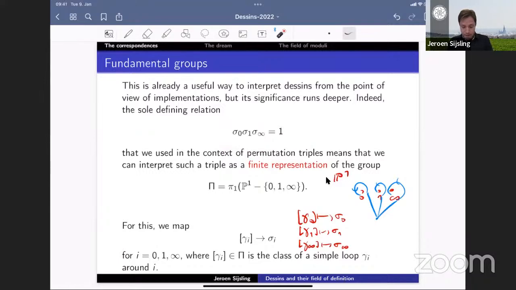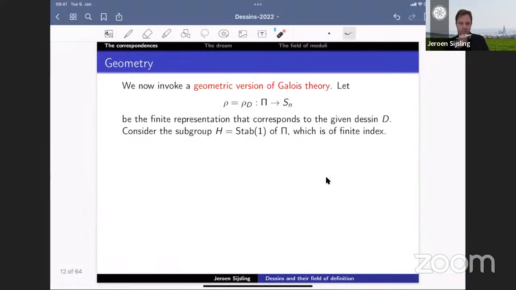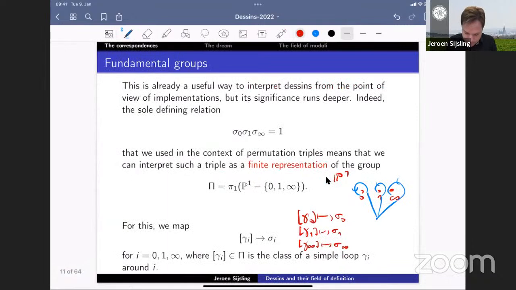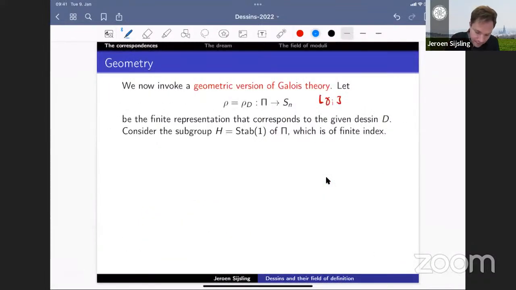So this is where this relation comes from. A permutation triple gives you a representation of this fundamental group. Why is that great? Because you can basically use a geometric version of Galois theory. Namely, at this point, given the dessin, we have this map. You send the class of the loop gamma, the simple loops, gamma 0 around 0, gamma 1 around 1, and gamma infinity around infinity, to my sigma i.